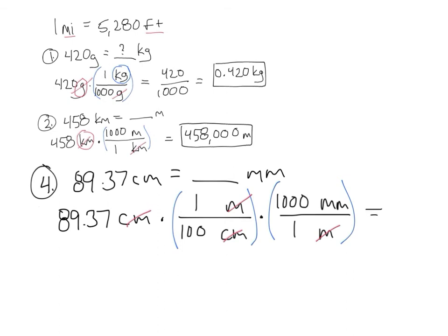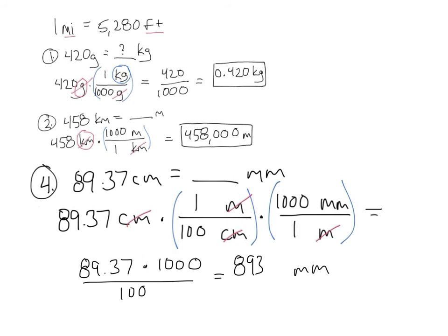So it's going to be 89.37 times 1,000 divided by 100. And that's going to give us an answer in millimeters. And I get 893.7 millimeters.